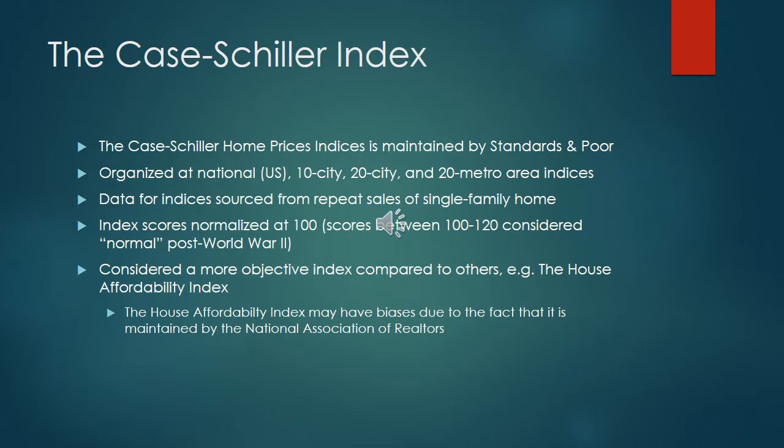It is also considered a more objective index compared to others, such as the Housing Affordability Index, which is maintained by the National Association of Realtors. That index may be considered biased because it is essentially in the favor of the realtors to skew business in their direction, therefore presenting a conflict of interest.